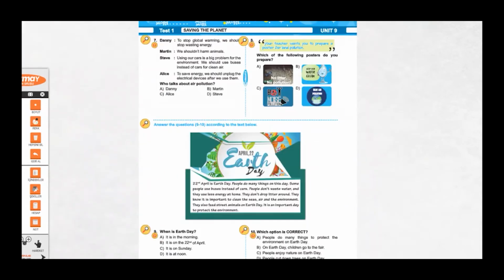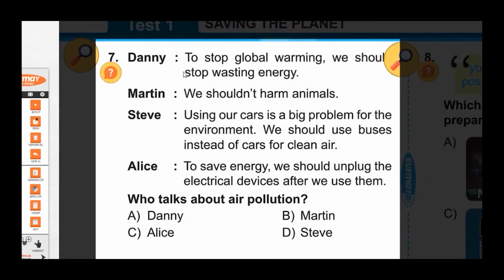Next test. Oh, we are still at test 1. Okay. 7. To stop global warming, we should stop wasting energy. We shouldn't harm animals. Using our cars is a big problem for the environment.